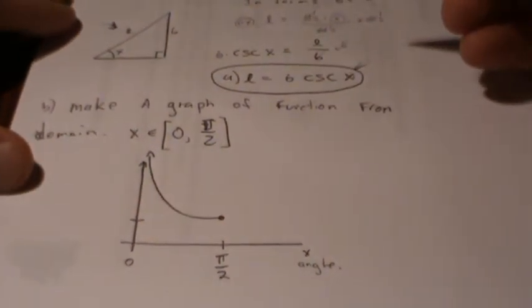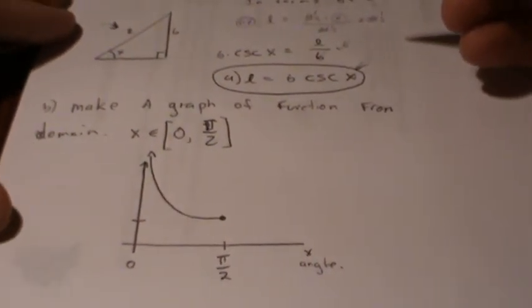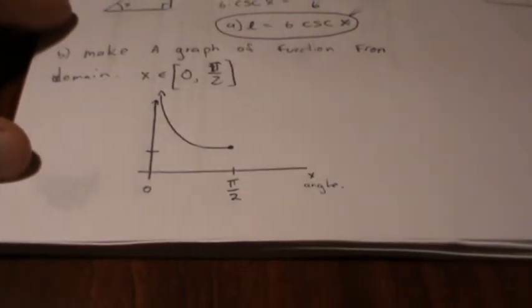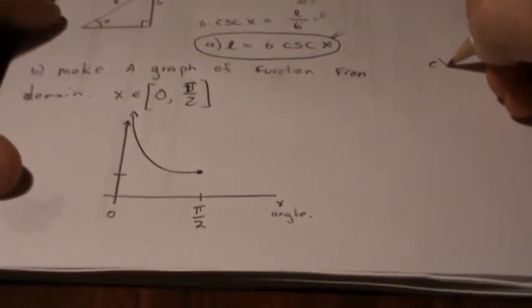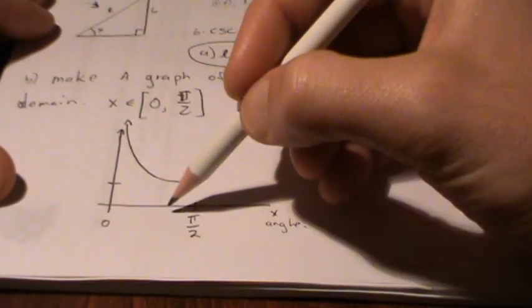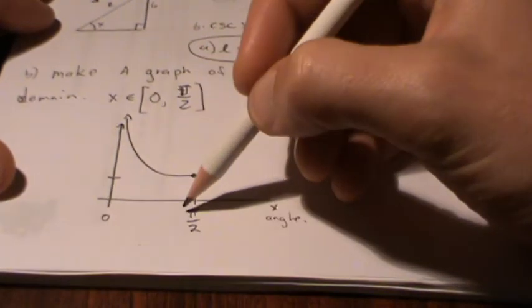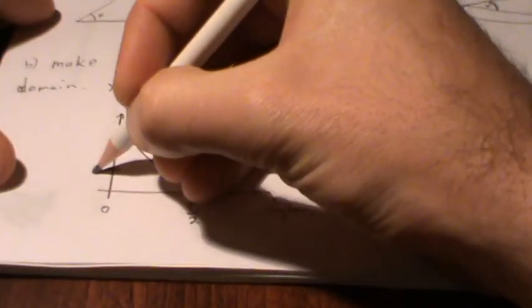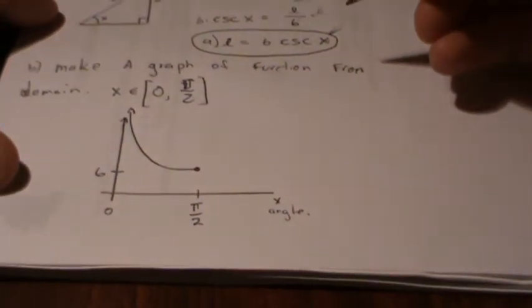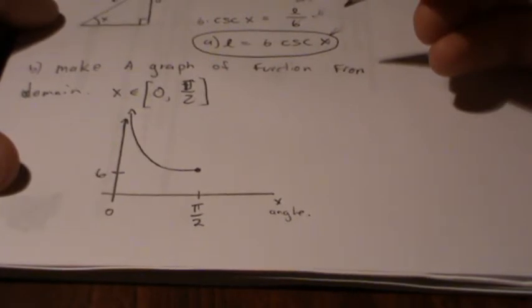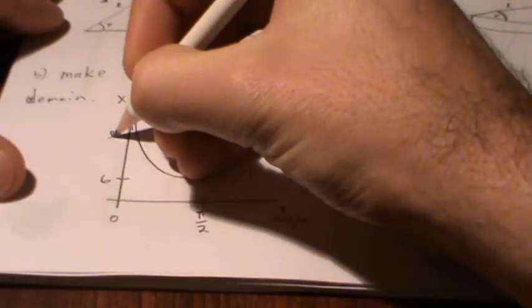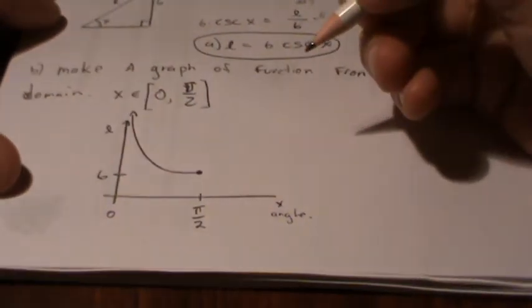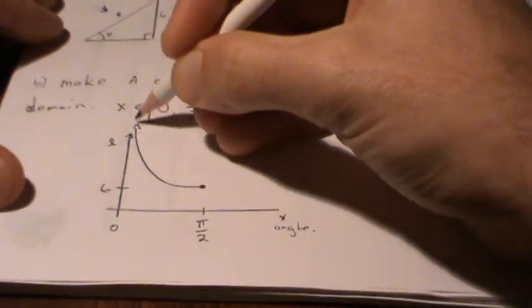Okay, so this is the graph of the function from this domain, from 0 to 90 degrees. Oops, I forgot to write my 6 there. You'll want to have the 6, you'll want to have the labels on your graph, and you'll want to graph it for sure.